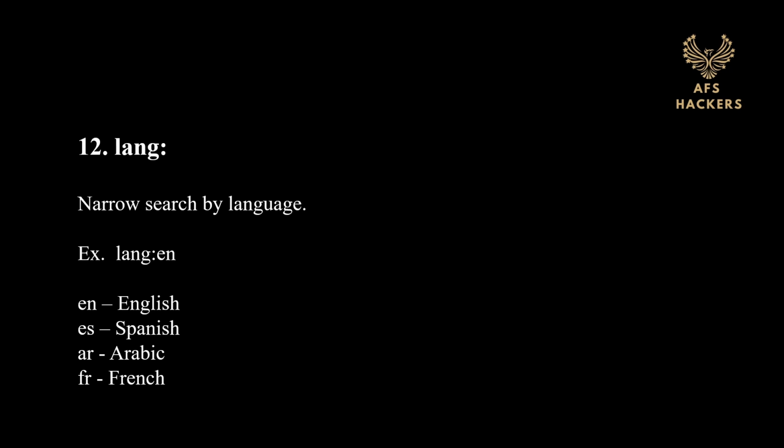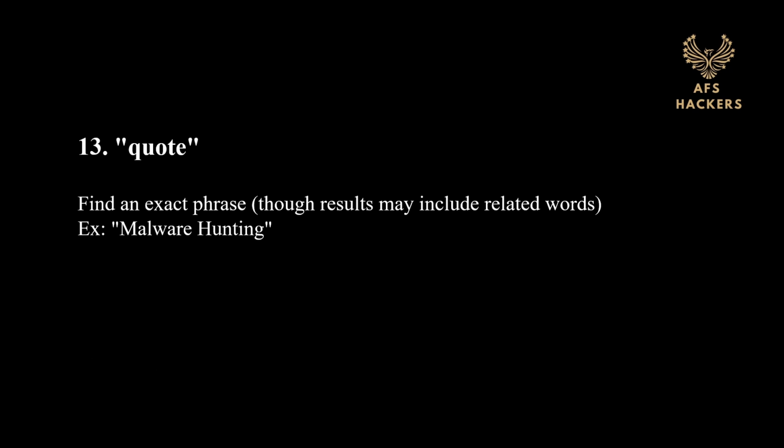Let's see filter number 13, that is quotes. Simple, you just need to write the term in quotes. It finds an exact phrase, though results may include related words. For example, if you just want to search for malware hunting, you just need to place the term in quotes and all the malware hunting results will be displayed.